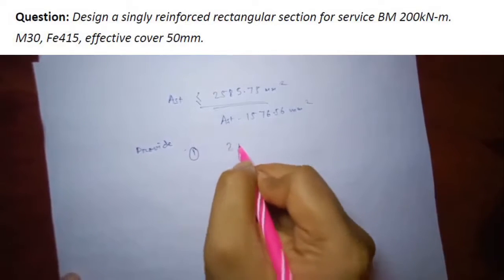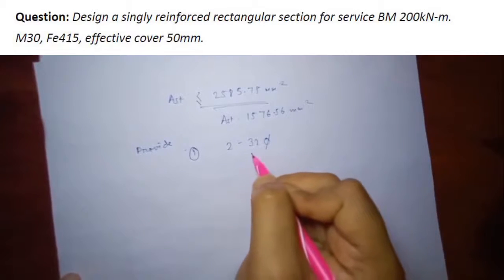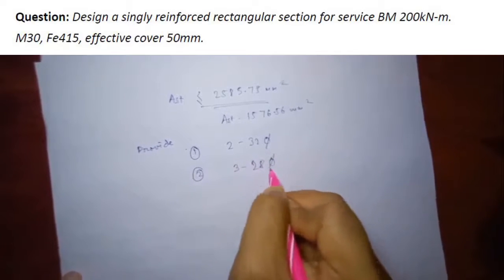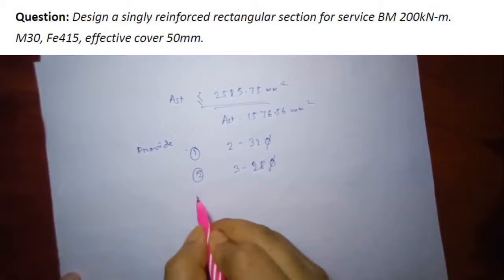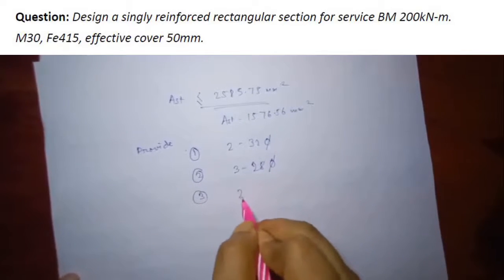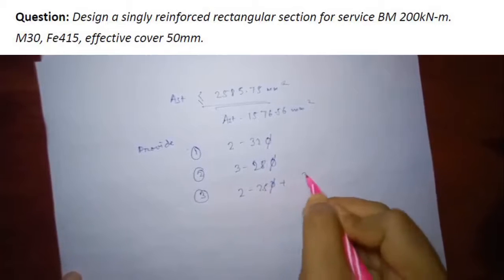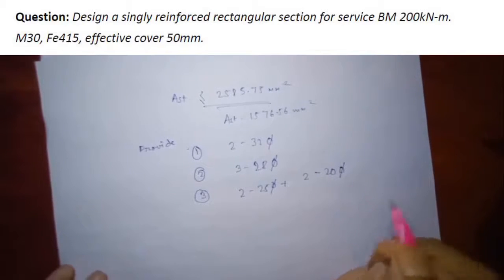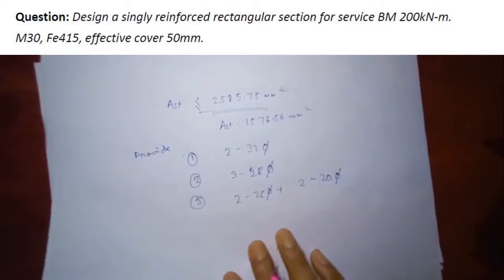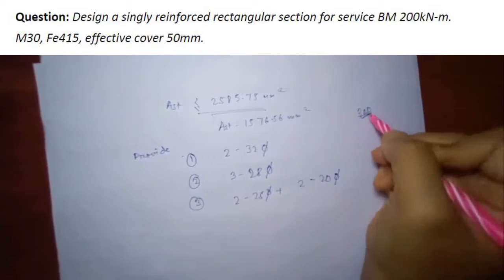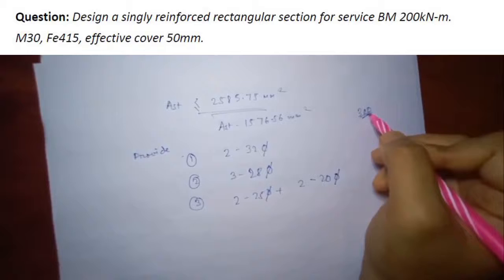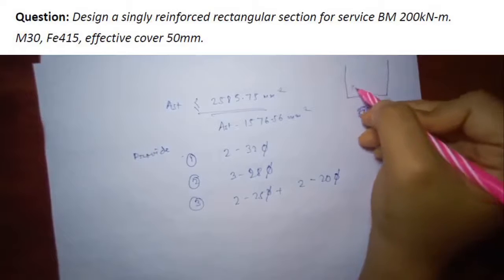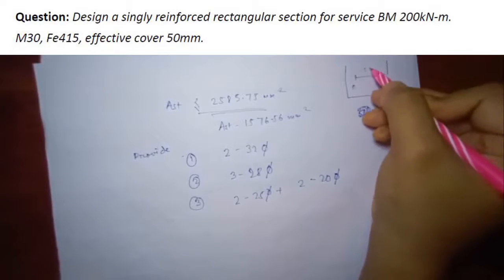That is, first is 2 bars of 32 dia, next is 3 bars of 28 dia, third is 2 bars of 25 dia plus 2 bars of 20 dia. Now one thing must be checked: our width of the section is 300 mm and the minimum spacing that we shall give, suppose we are using nominal cover of 50 on both sides, so this is standing out to be around 200.